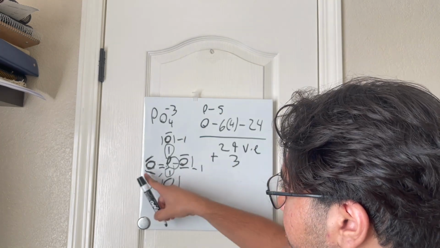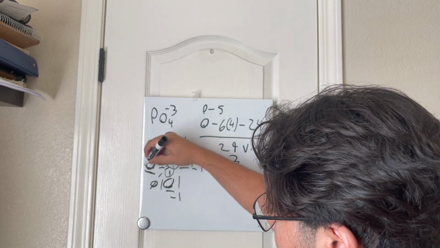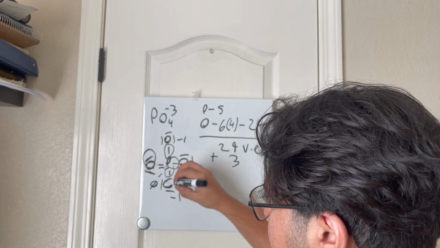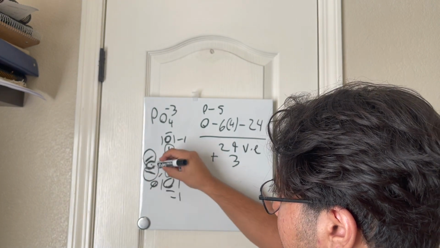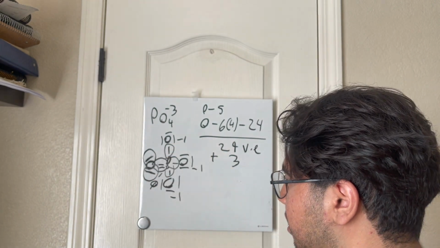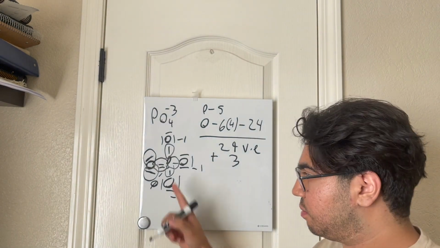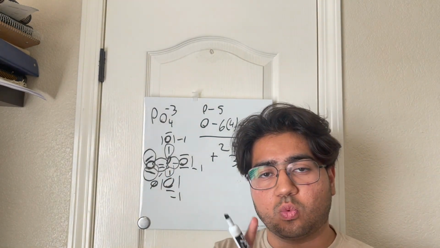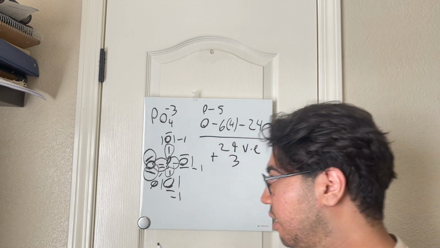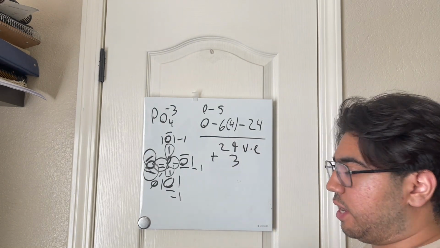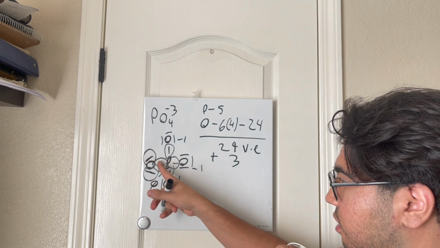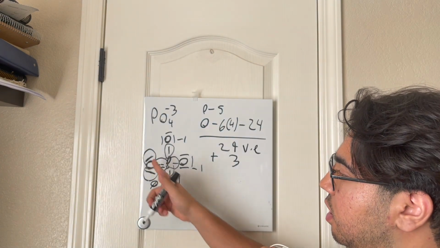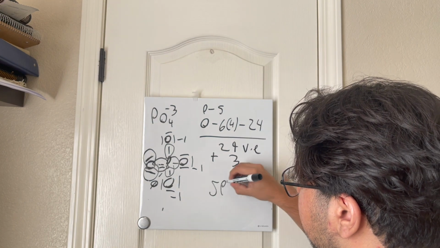For this oxygen atom, it'll be this region right here, this other region right here, and then this double bond, which counts as just one region. So we have 3 regions, so it's S, SP, SP2. So this oxygen atom is hybridized as SP2.